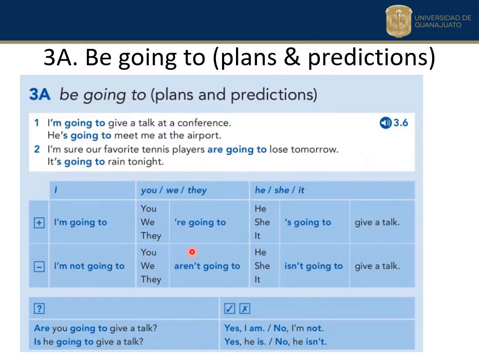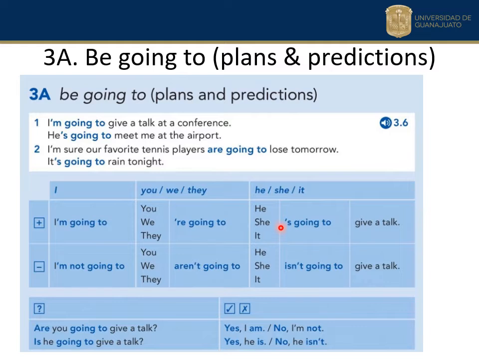Recuerden que aquí ya se junta el sonido o el fonema de they con er. Ok, there. Y si es negativo, sería la contracción N'T. You aren't going to. We aren't going to. They aren't going to. ¿Ok?